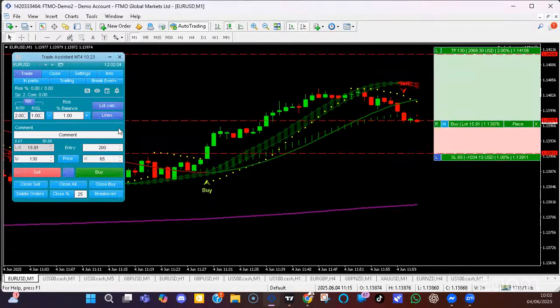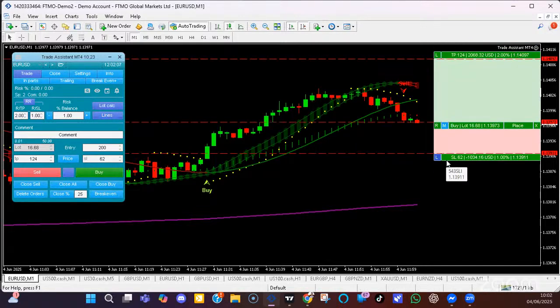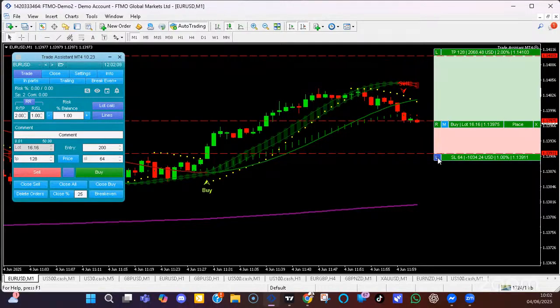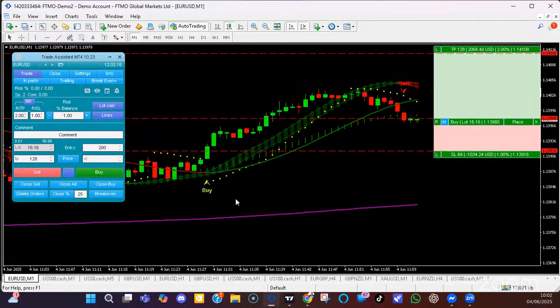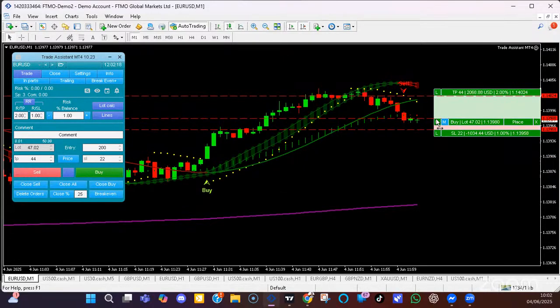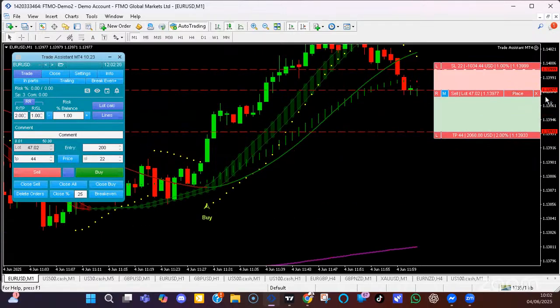Put the lines on. Now I want to unlock that. I want to go 2.2 pips away, which is there. And obviously I want to make it a sell.